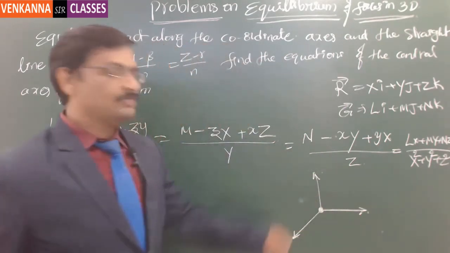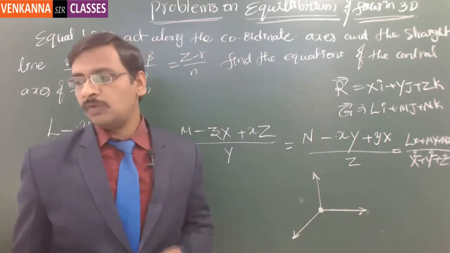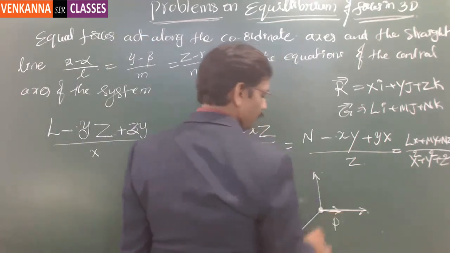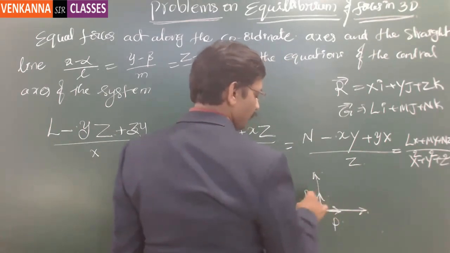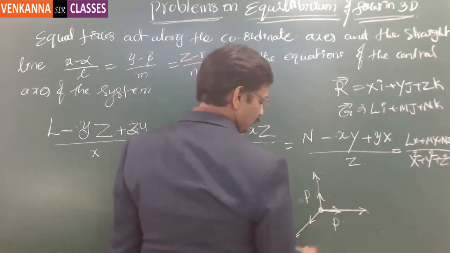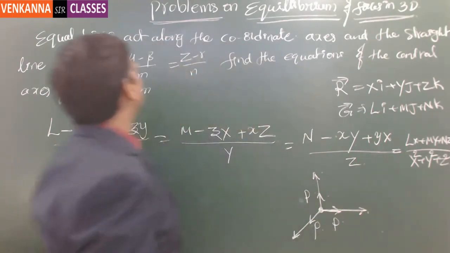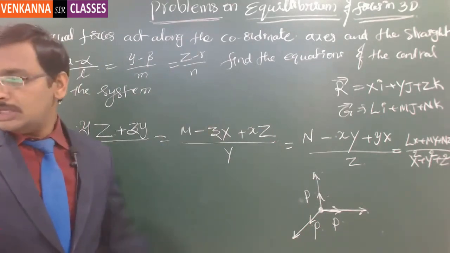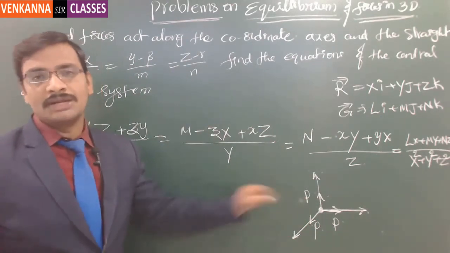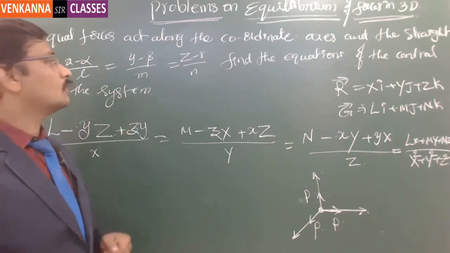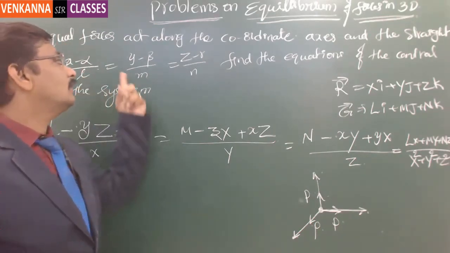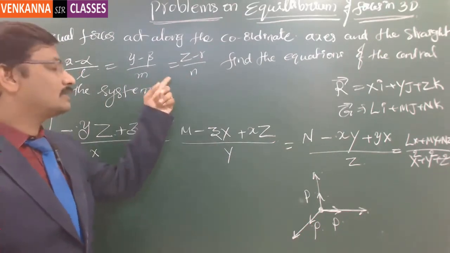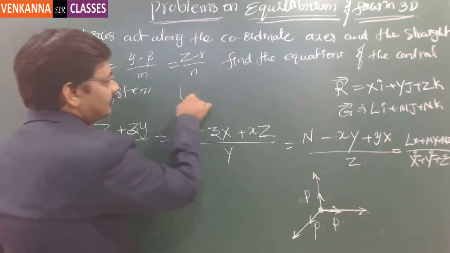From this point there are 3 different equal forces acting: one along this axis of magnitude P, another along this axis of magnitude P, and another along this axis of magnitude P. So that is equal forces acting along the coordinate axes. And one more force along the straight line (x minus alpha)/L, (y minus beta)/M is equal to (z minus gamma)/N, where this is what will be giving the information, right?